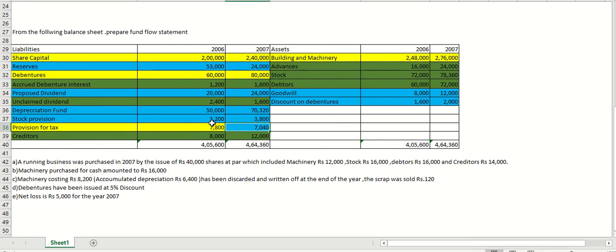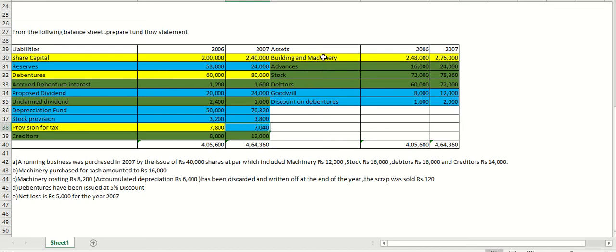I again repeat this: if we consider provision for taxation as non-current liability, the last year provision will be shown as income tax paid for the current year in your fund flow statement, and the current year provision will be shown up in your profit and loss account as provision for taxation.